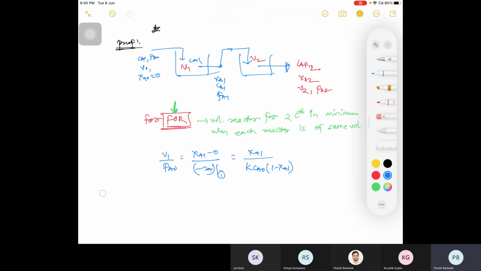And what is your second equation? V2 divided by Fa naught is equal to Xa2 minus Xa1 divided by K into Ca2. How can we write Ca2?